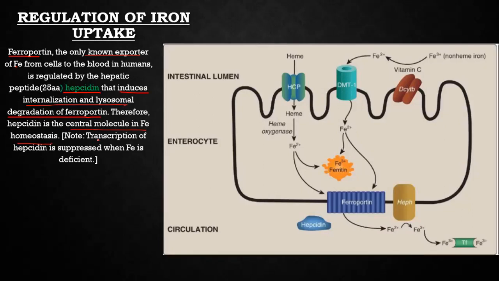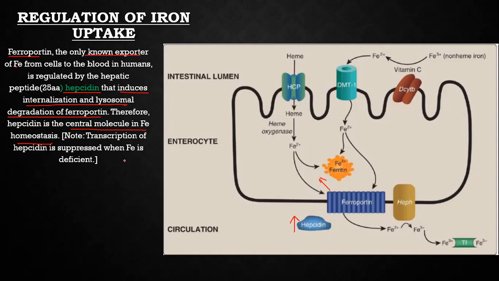How does hepcidin act? Now, when hepcidin is high, it means that you have a high iron concentration in the blood. So it will cause the ferroportin to be internalized and degraded so that the amount of iron taken up into the plasma is reduced.